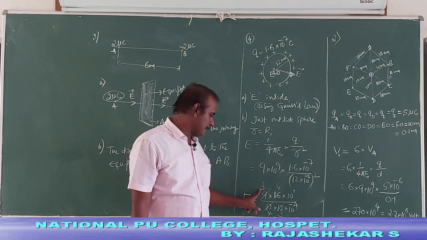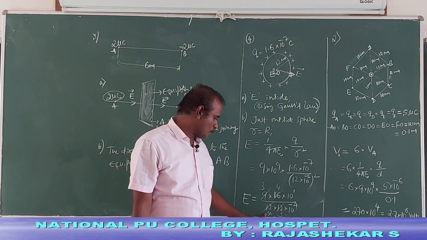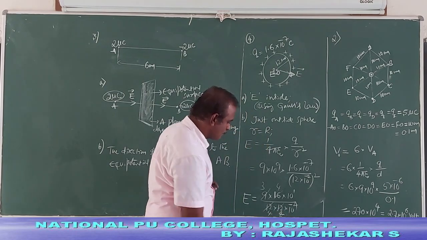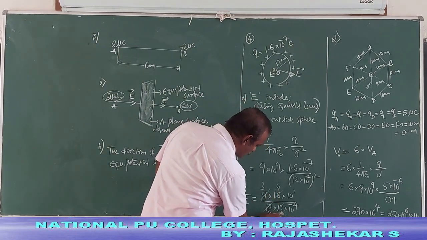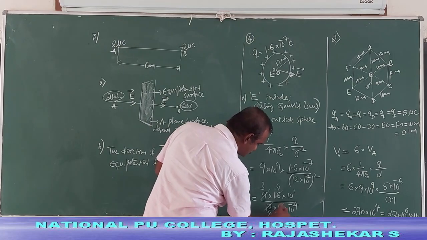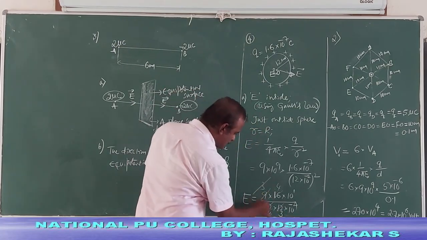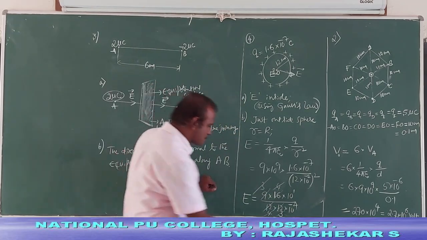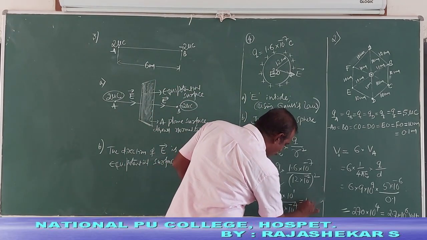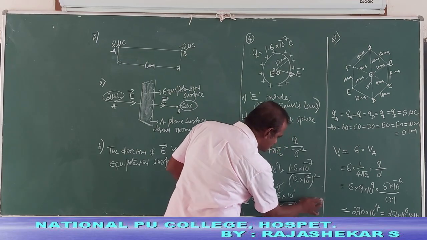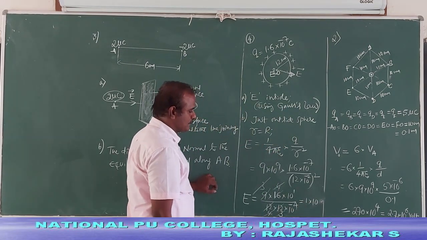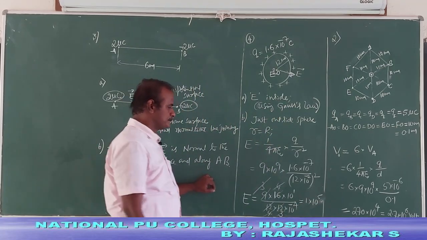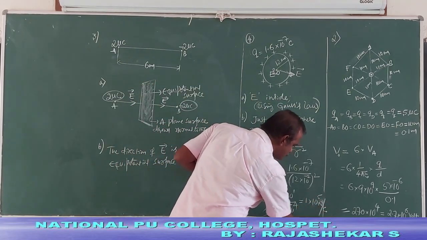This and this cancel, this and this cancel. This becomes 1 into 10 to the power 5 Newton per coulomb.